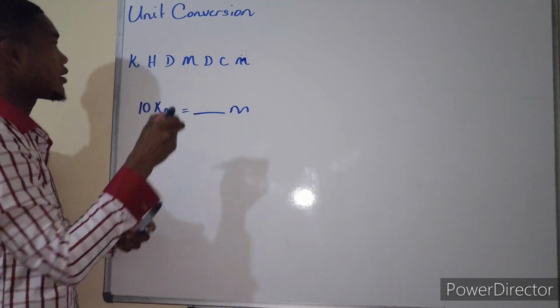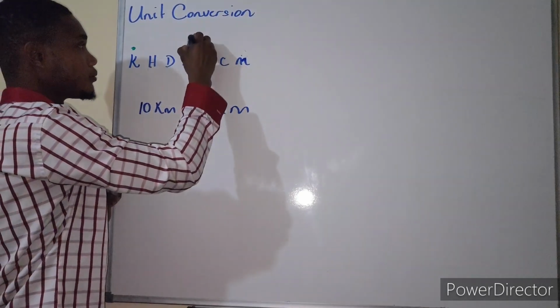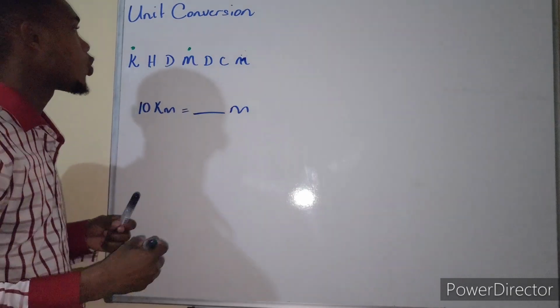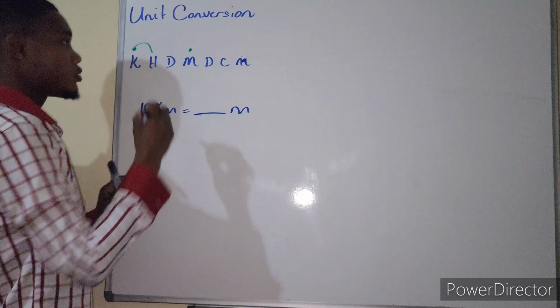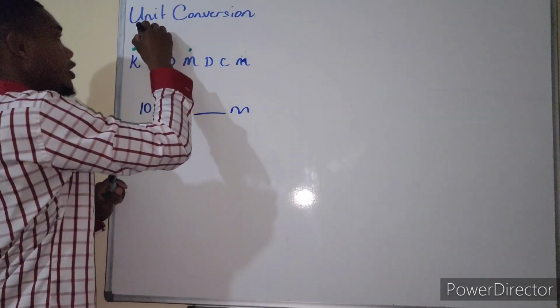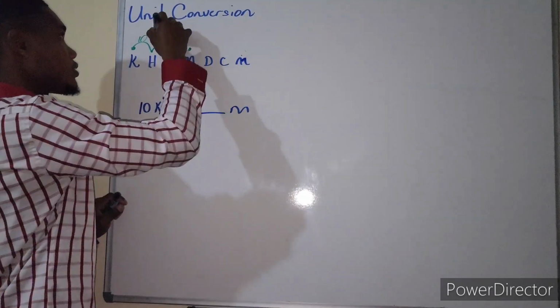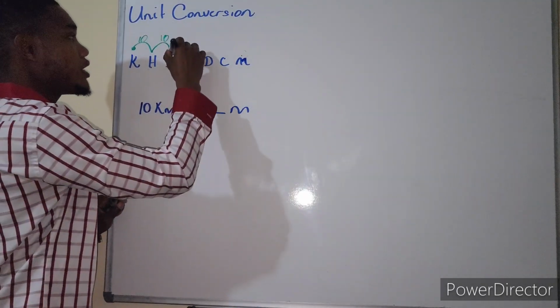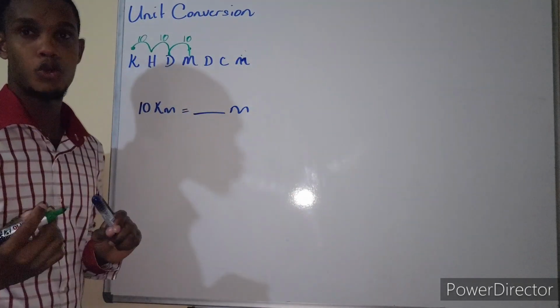So kilometers is here and the meter would be here. You now need to figure out how many units are between. From K to H, we know that's 10 units. Moving from H to D, that's another 10 units. And moving from D to M, that's another 10 units.